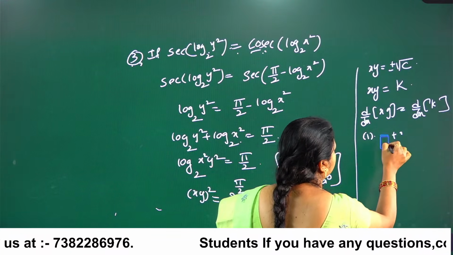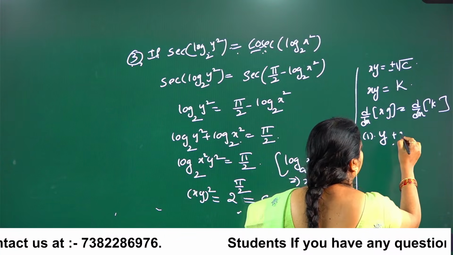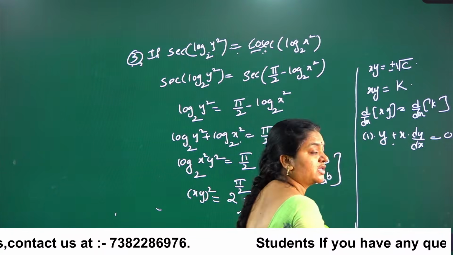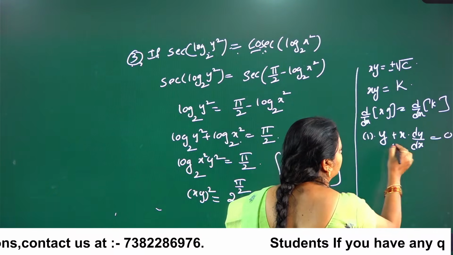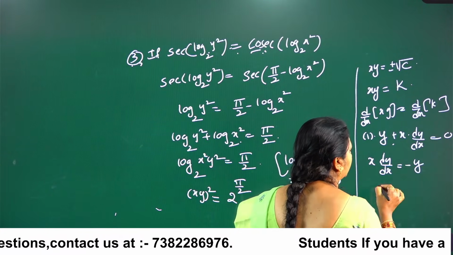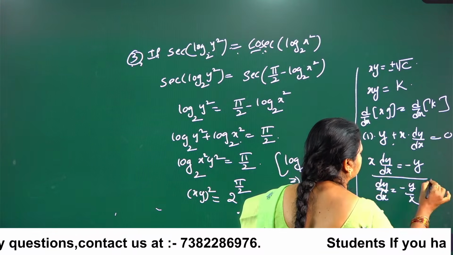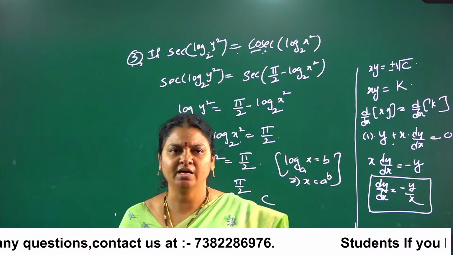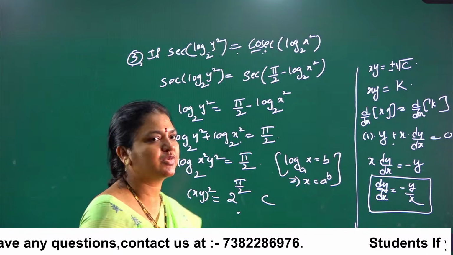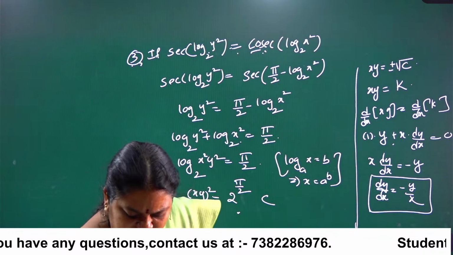So we will get y plus x into dy by dx, and the derivative of the constant is 0. Moving y to that side, x into dy by dx is equal to minus y, and dy by dx is equal to minus y by x. Like this, whatever the given problem is, we will use the appropriate method and find the derivative. We will see one more question in a different model.